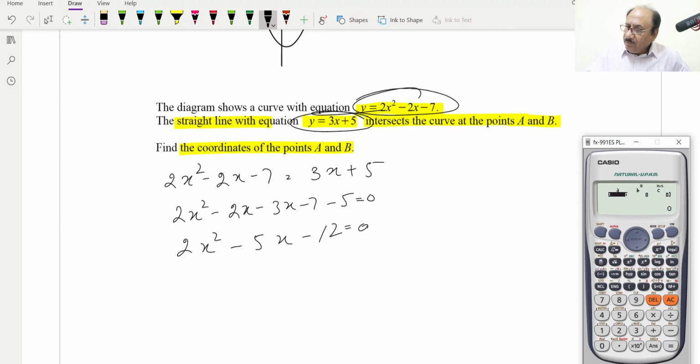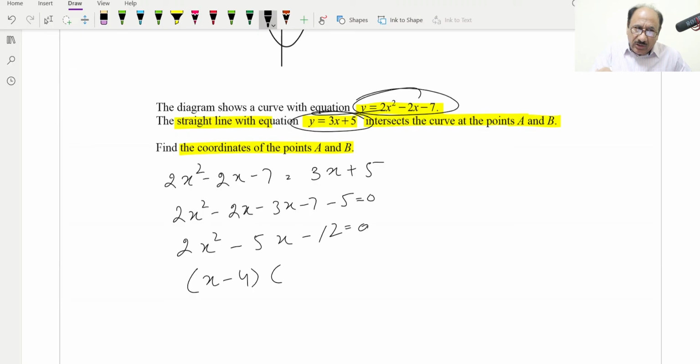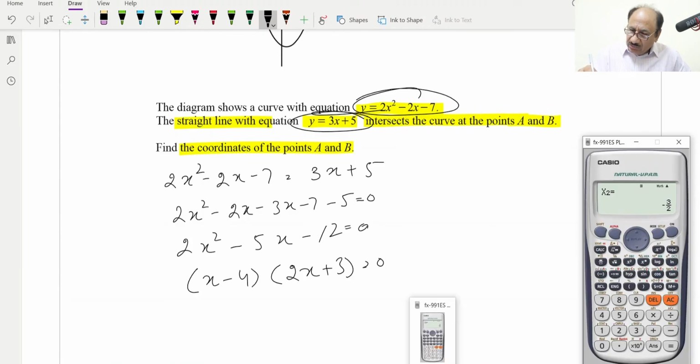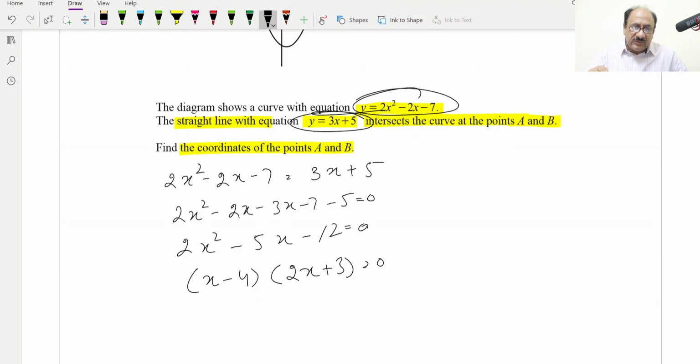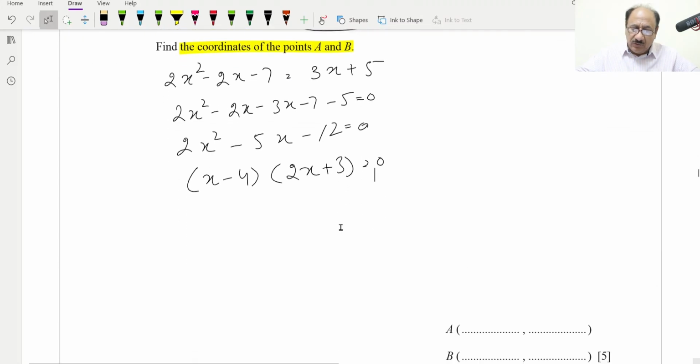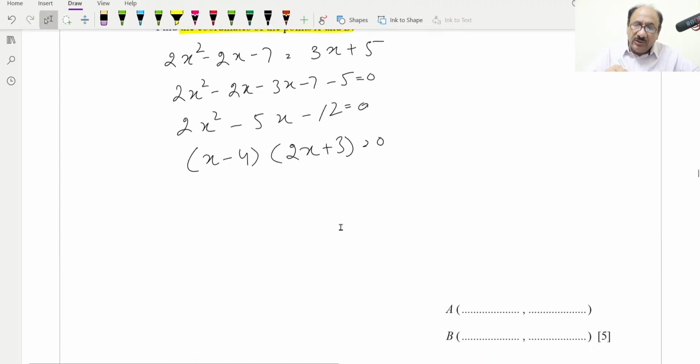The coefficient of x squared is 2, the coefficient of x is -5, and the constant is -12, and this will be 4 and -3 by 2. So our pair will be (x - 4) and (2x + 3) is equal to 0. This -3 by 2 we can write as 2x + 3. I'll be making a separate video on factorization, and I'll be explaining these things in that one. Hopefully you will be in touch.